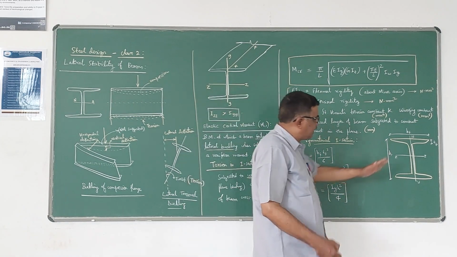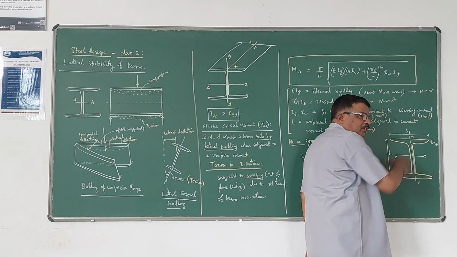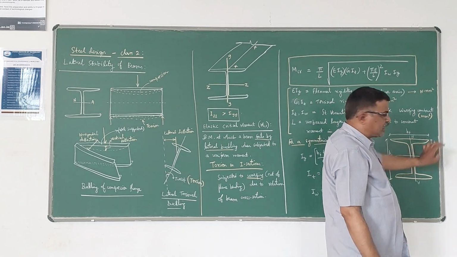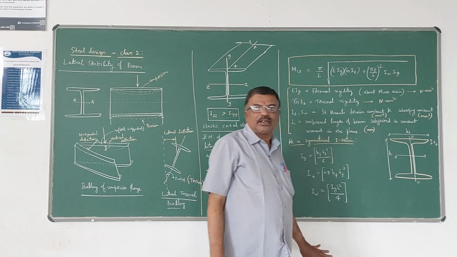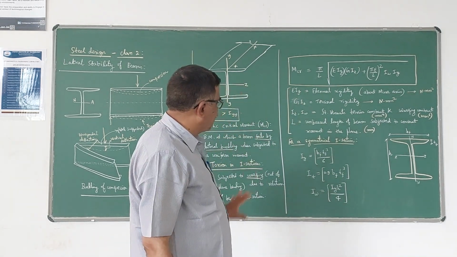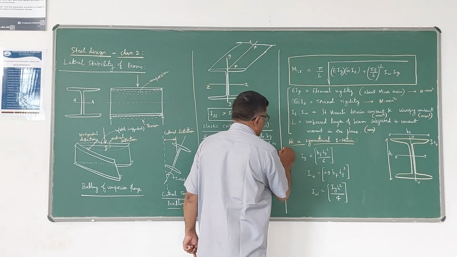Now, an example for a symmetrical I-section. This is a symmetrical I-section. This is the Z axis. This is the Y axis. bf is the width of the flange. tf is the thickness of flange. h is the total depth of that I-section. You can remember these values for a symmetrical I-section.